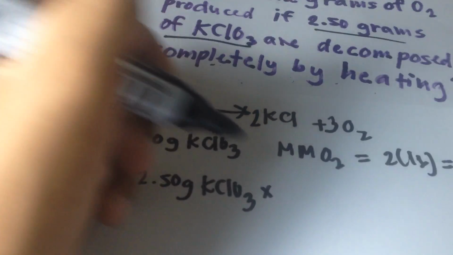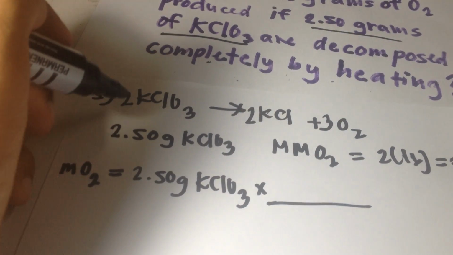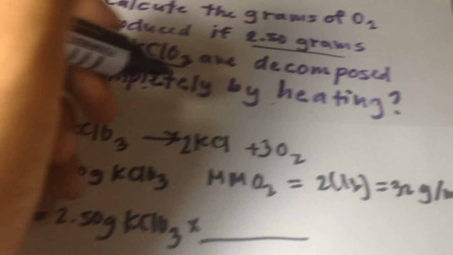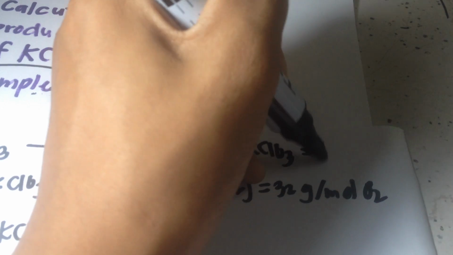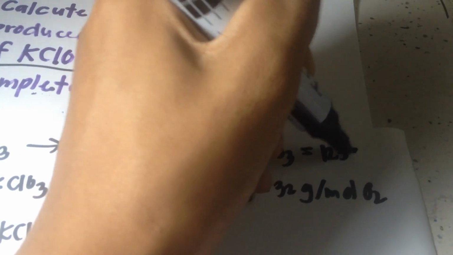times the molar mass of potassium chlorate, the formula mass, which is 123 grams per mole.